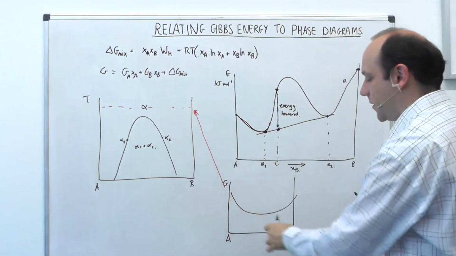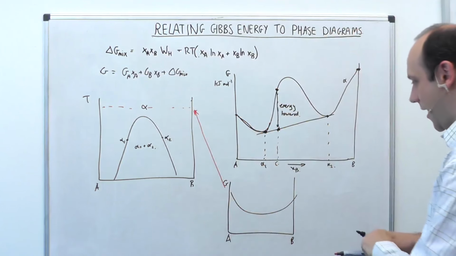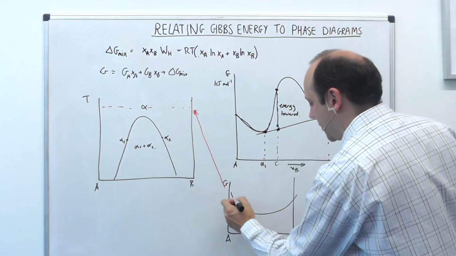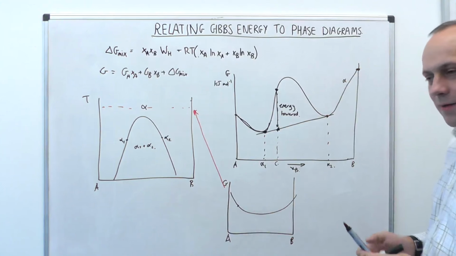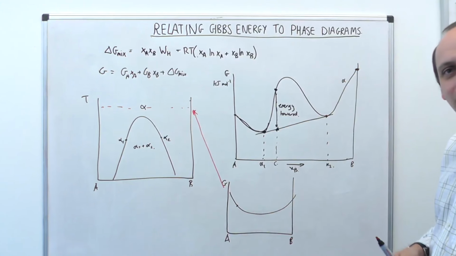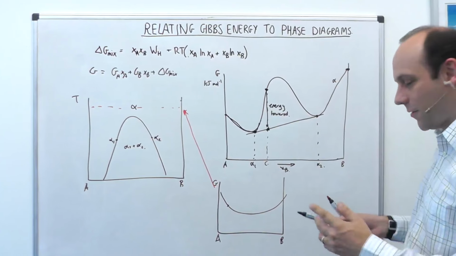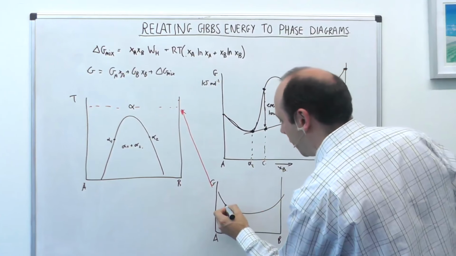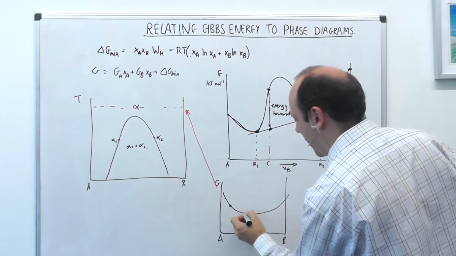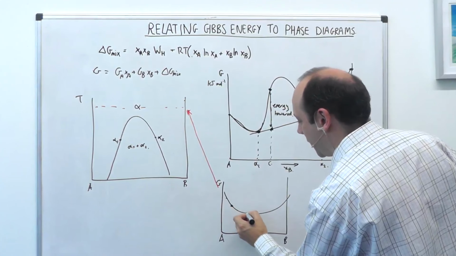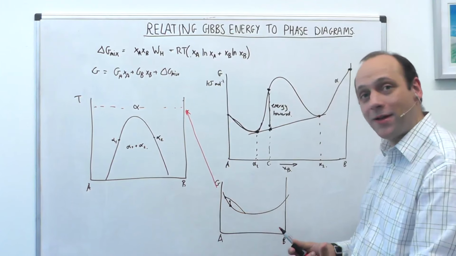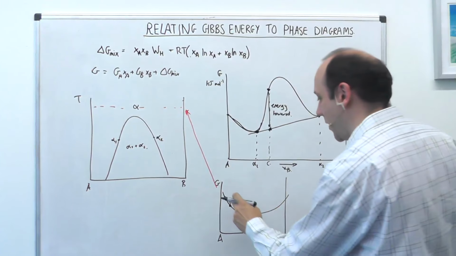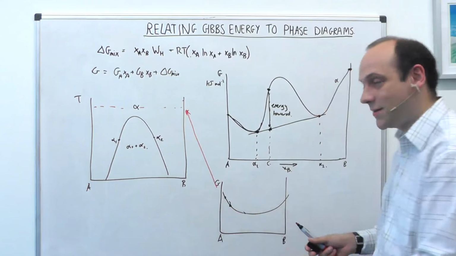There's only one. So there's no way for an alloy, say at this composition, to decompose itself into two A-rich and B-rich compositions that lower the overall energy. So you can't draw a line here where you take one over here and one over here and lower the overall energy. If you do that, you raise the overall energy. It goes up, so that won't happen. That's unfavourable. You always want to go to a Gibbs energy minimum. So that can't happen in this situation.